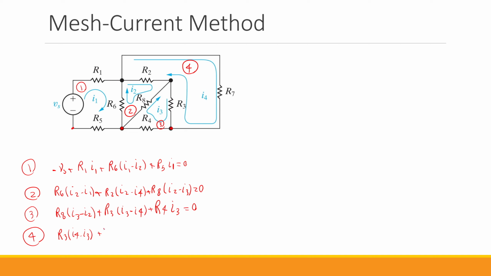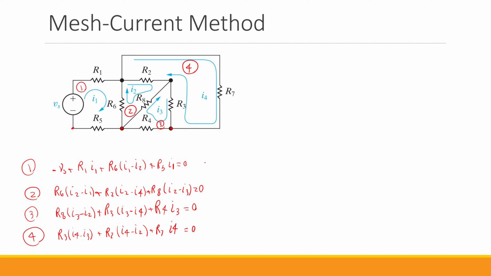Then we get to R2. The net current in the direction of I4 is I4 minus I2. And finally, we have R7, which only has I4. So we have R7 multiplied by I4 equals 0.